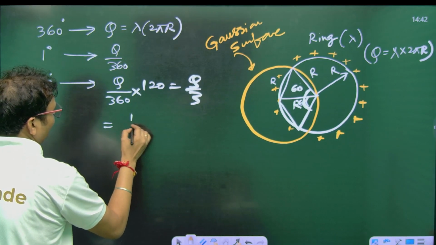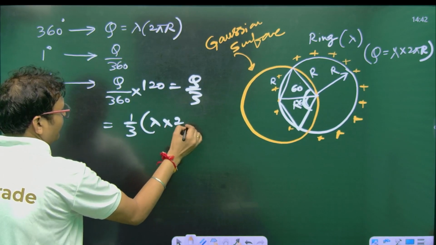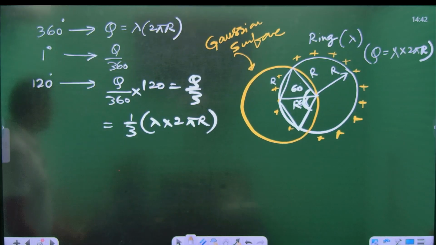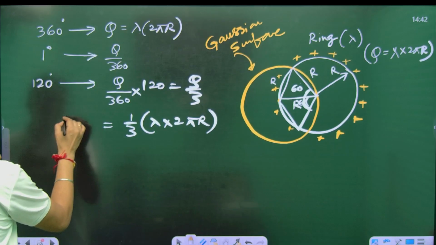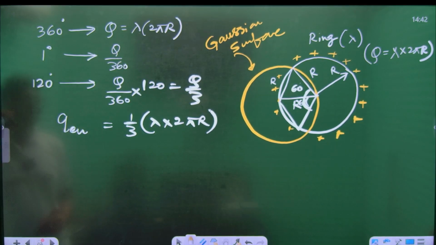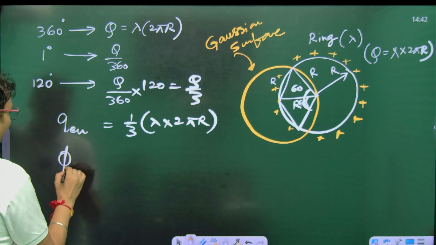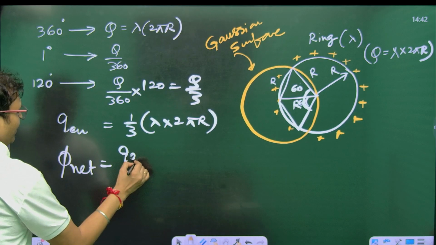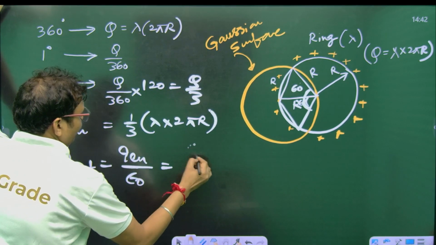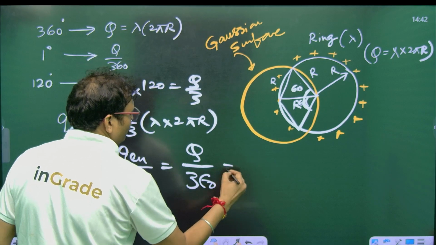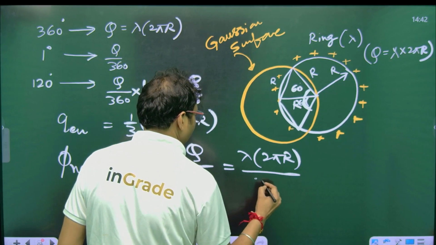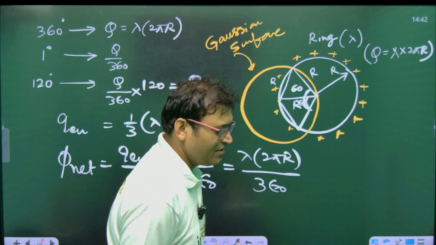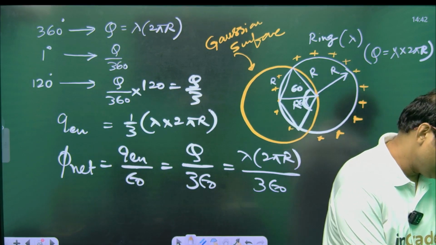Or we can say 1 by 3 into lambda into 2 pi r. That is the charge enclosed. Now, phi net will be equal to Q enclosed upon epsilon naught. So it will be q upon 3 epsilon naught, or we can write it as lambda into 2 pi r upon 3 epsilon naught, which is the flux through this.